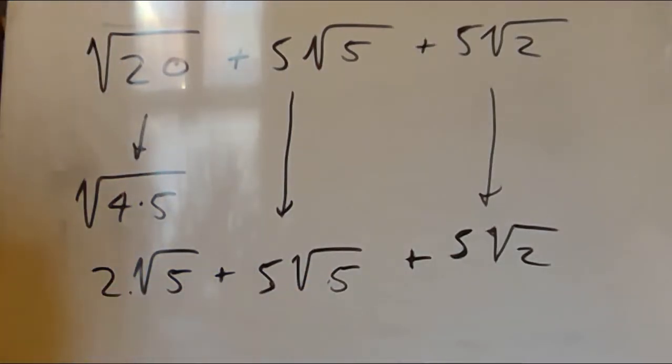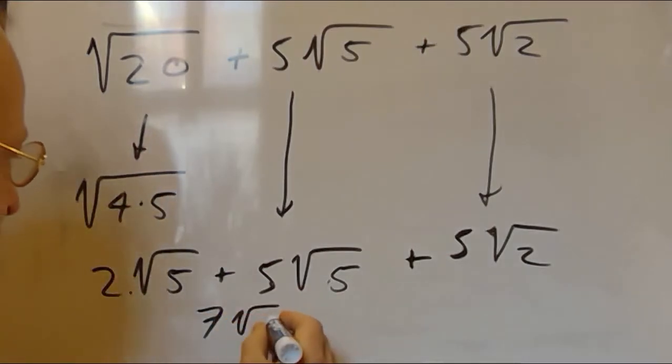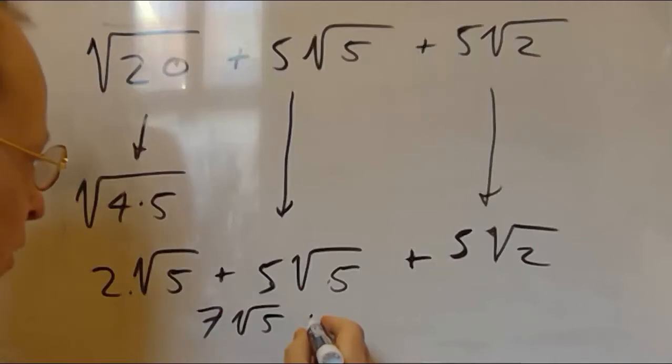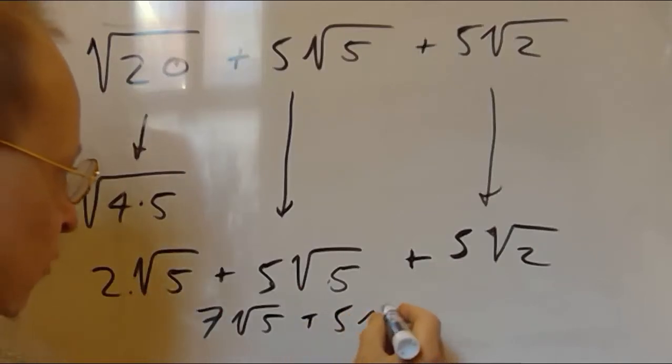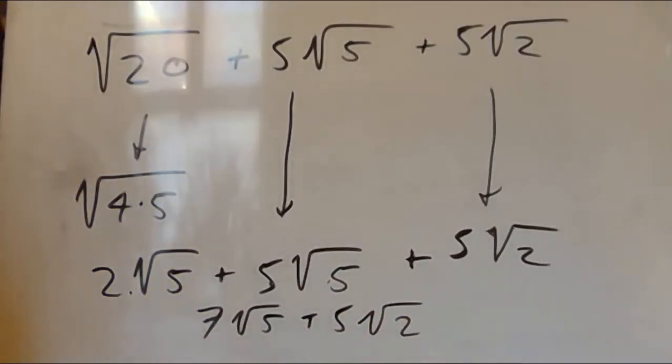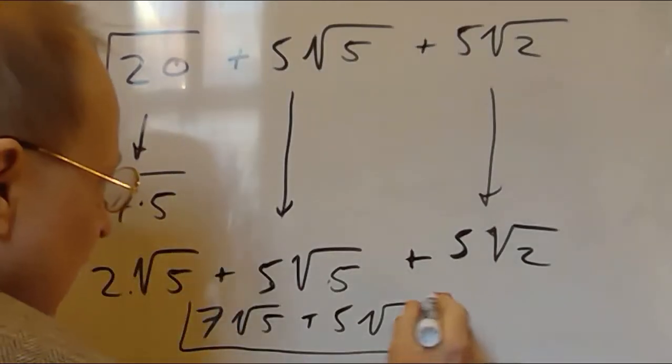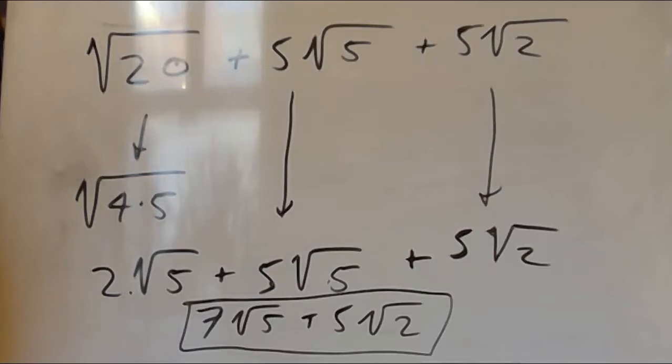Now these two I can combine to get 7 square root of 5, but this one I cannot do anything with, so it just travels along until I get this as my final answer. I cannot reduce it or combine it any further.